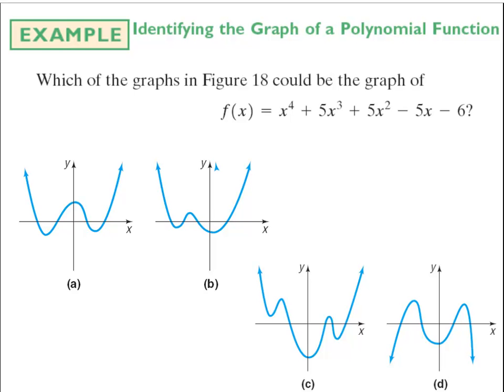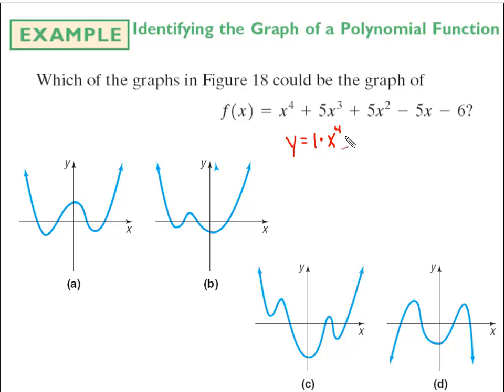So using that concept, let's apply that to this question. Which of these graphs below could be the graph of this polynomial? We're going to only apply the concept of end behavior to answer this question for now. I noticed that the leading term here is y equals 1 times x to the fourth, so the polynomial has even degree.